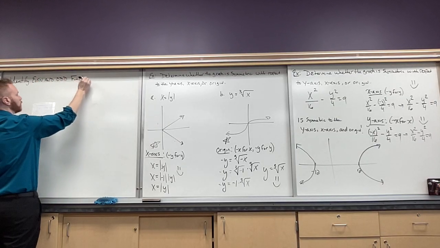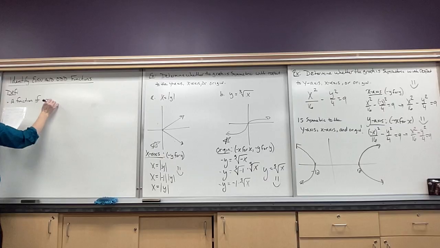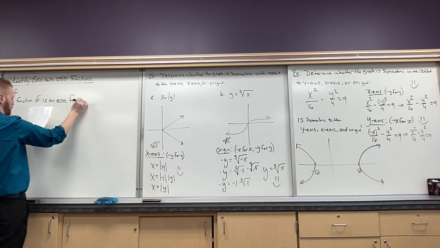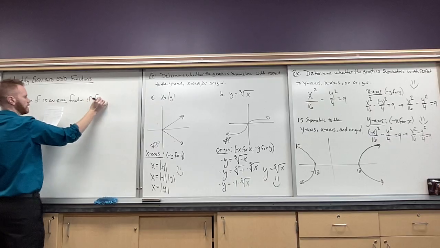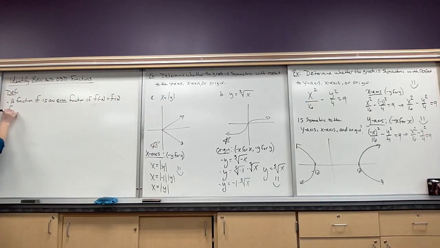So first we got to figure out what are they. Let's define them. A function, which we'll just call f right now, is an even function if f of negative x equals f of x for all x in the domain of f.